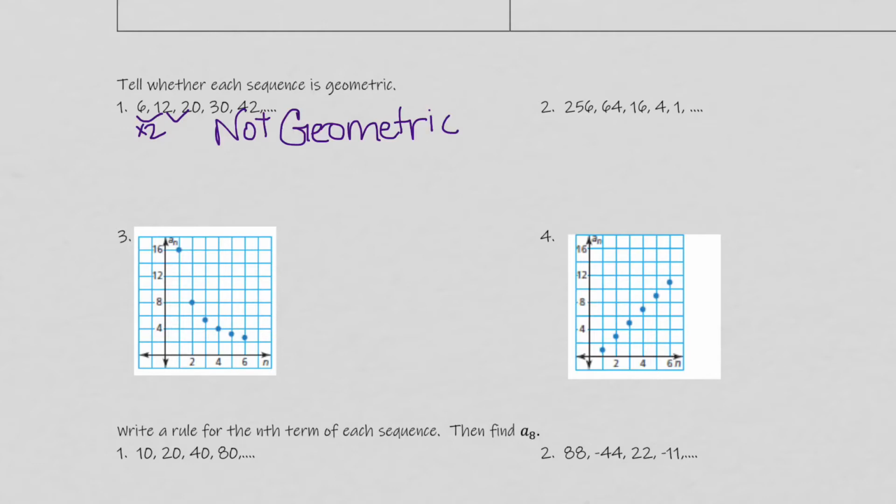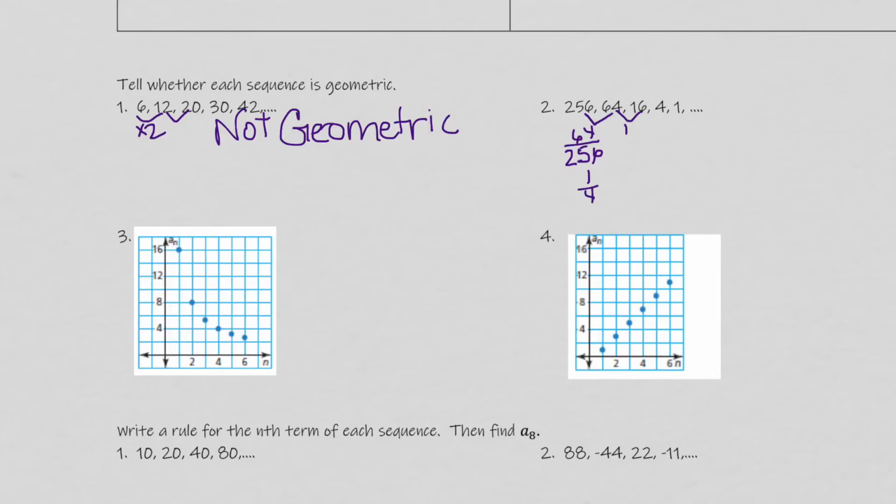If I am looking at number 2, 256, 64, 16, 4, 1, I honestly cannot tell you just by looking at it. I'd have to do some searching to figure out what this ratio would be. And when I do that, I would do the term behind it divided by the term in front. So 64 divided by 256 would end up being 1/4, so a fourth of it.